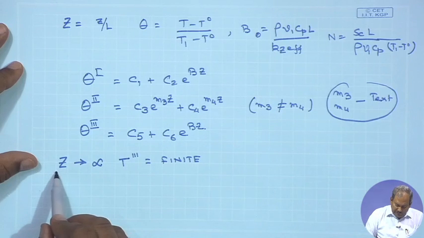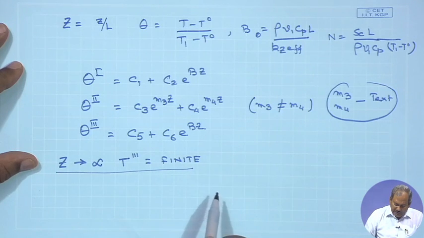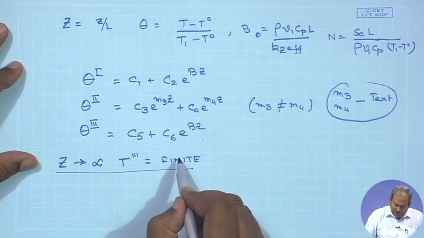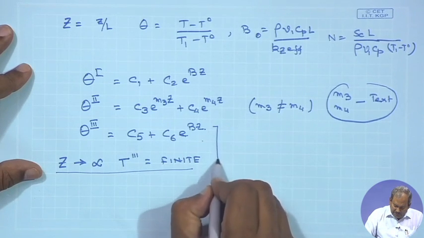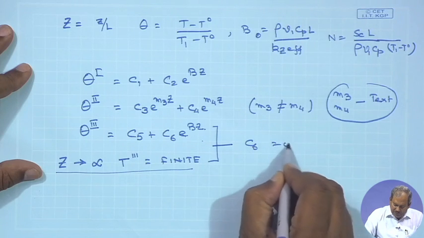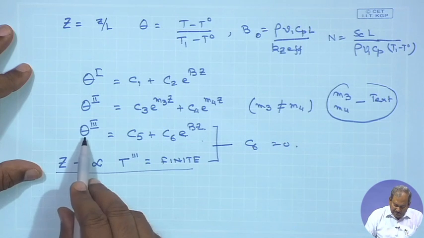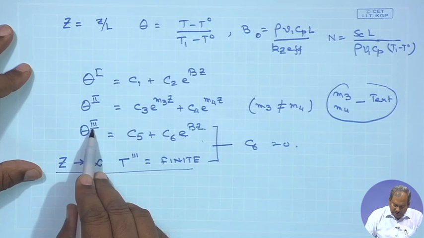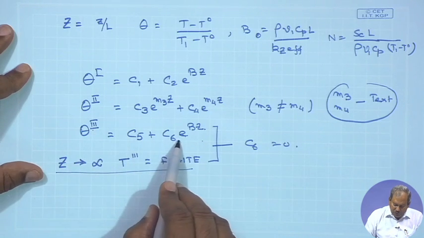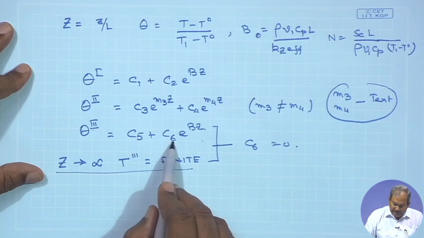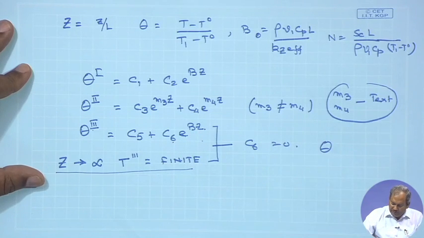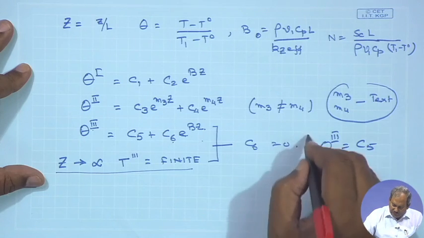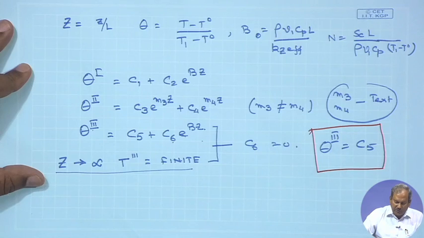If you see this equation, it clearly tells you that C6 would be equal to 0. In order for the dimensionless temperature of the reacting mixture in zone 3 to be finite, C6 has to be equal to 0, which gives you theta 3 is equal to a constant. So, this is the first observation, even without solving it, which you can write.